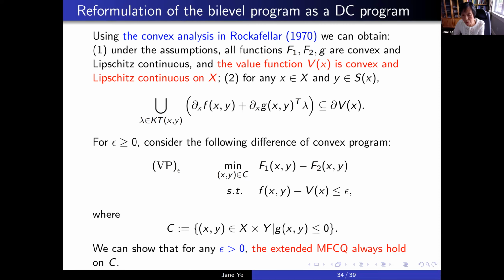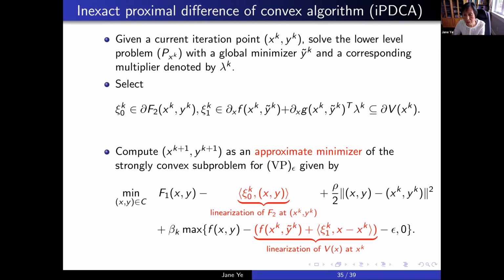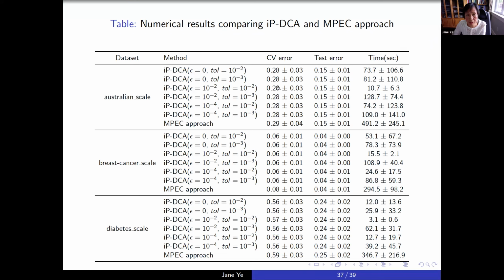And from our algorithm results, you see that we even tried with epsilon equals 0, although theoretically you do not have the result. But the computation still works. Theoretically, we can only guarantee it if you take epsilon small positive.